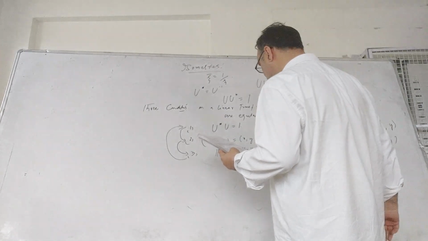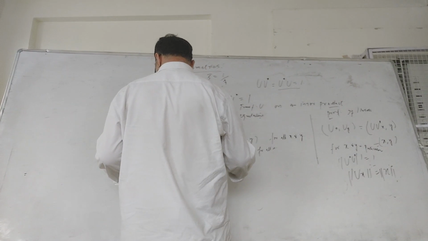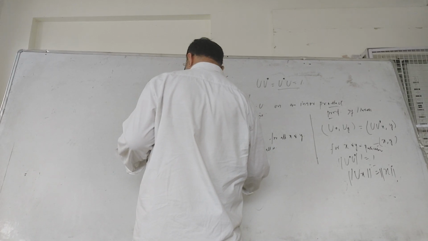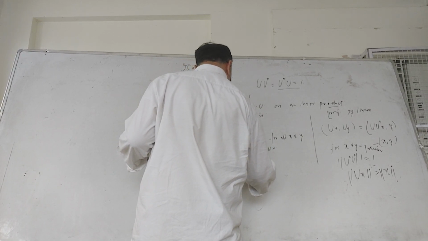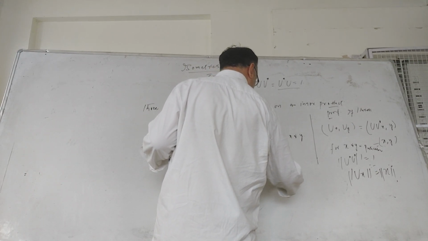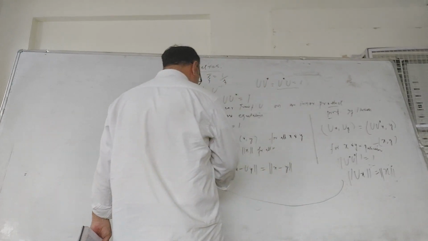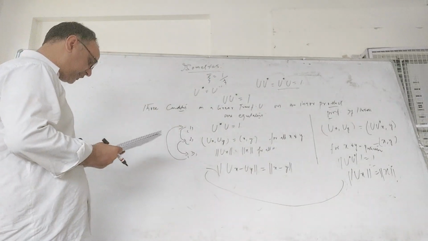And the third should imply that if x is y, then this means modulus of U of x minus U of y is modulus of x minus y. So from this you follow this. You can see in a simple way the construction.